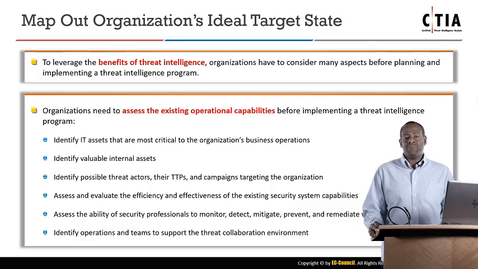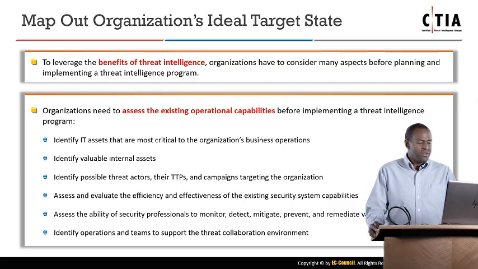So again, we're going to be making use of all the resources, all of the forums that we're involved with, all of the perhaps meetings that we go to with similar roles in other companies, and maybe even events that give us this type of threat intelligence. So we want to identify those.